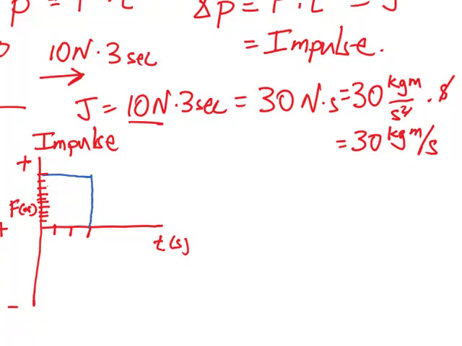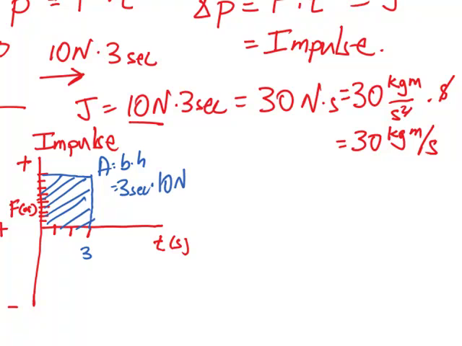Let me go ahead and highlight that. The area of this again is base times height. My base is 3 seconds times my height, 10 newtons, and I have 30 Newton seconds, which we saw before was the same as 30 kilogram meters per second.